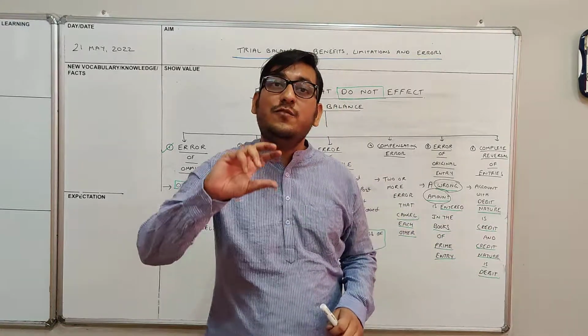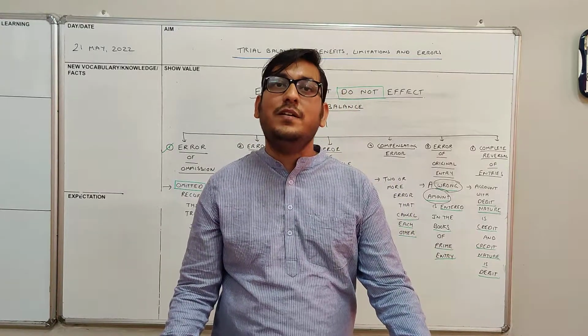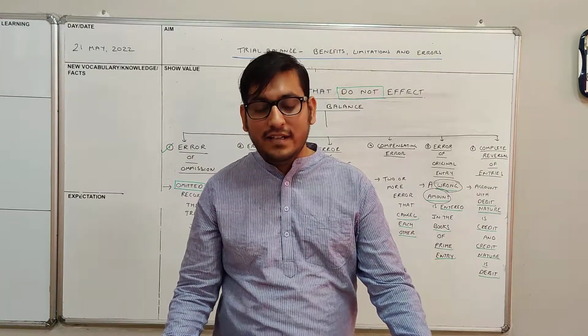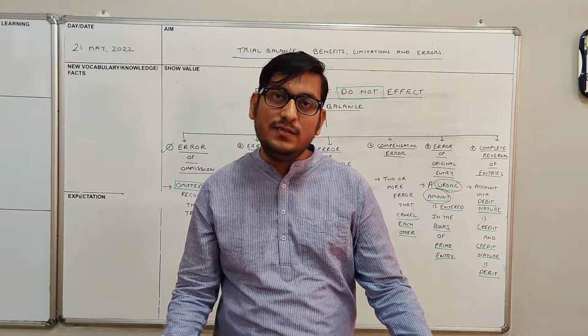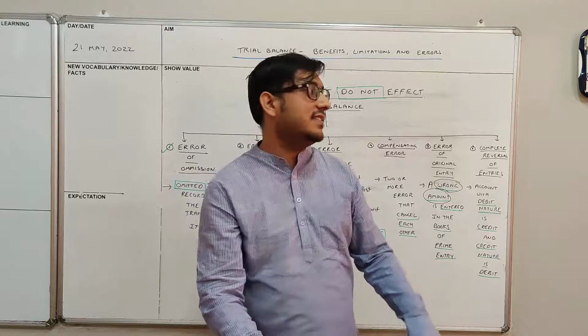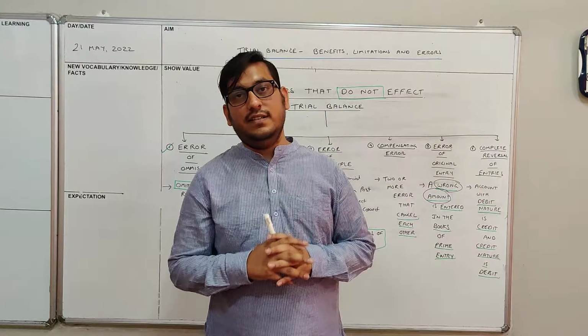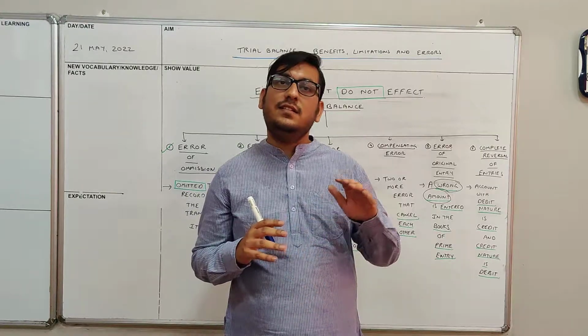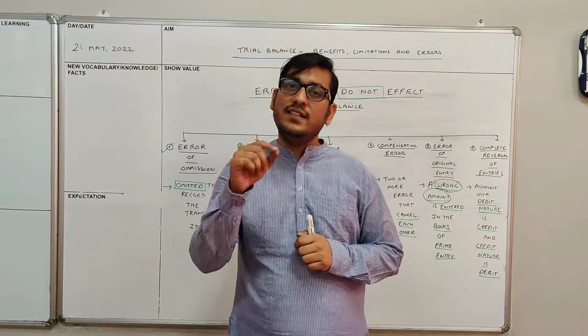So I have reversed the transaction. Fundamentally I made a wrong entry, but debit side and credit side match. That's why trial balance matches, but the error exists. That error is complete reversal of entry. You made a wrong entry, that is, the item which needs to be debited is credited and the item which needs to be credited is debited.